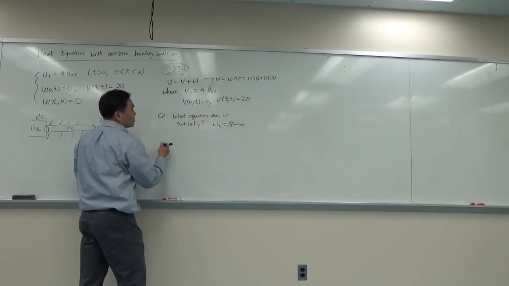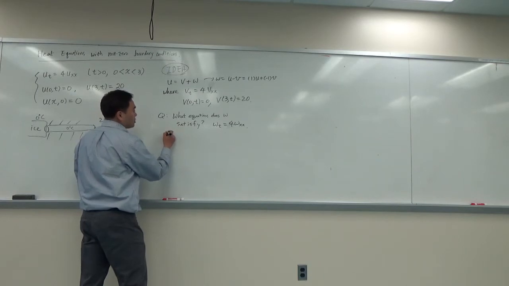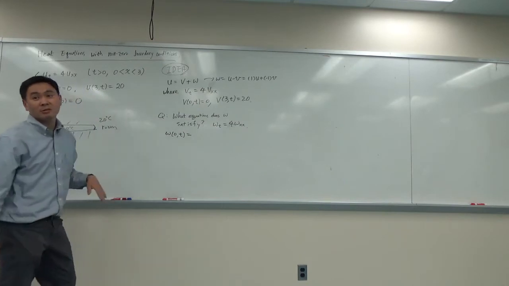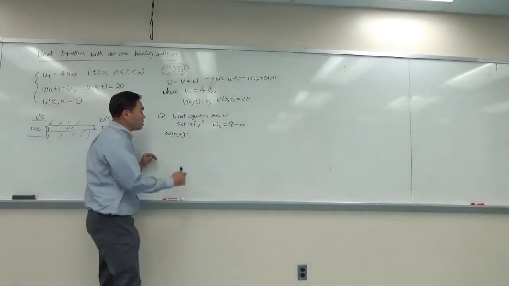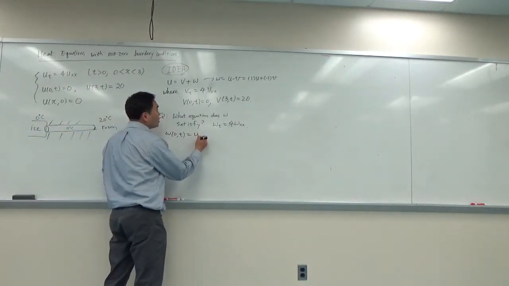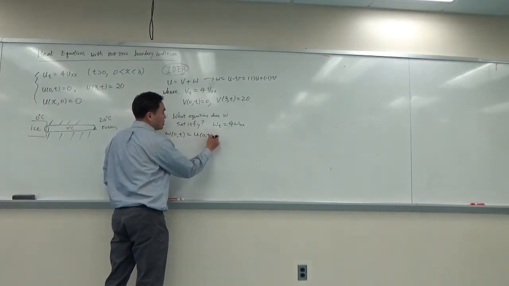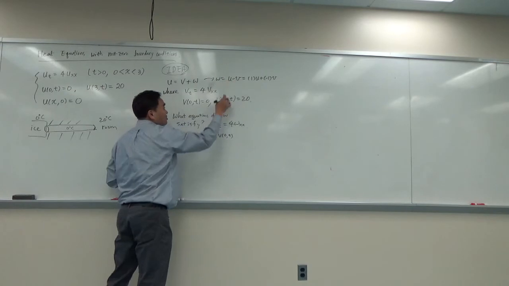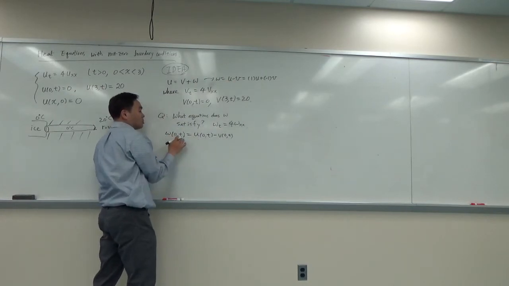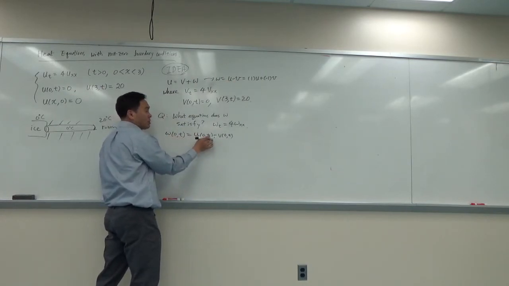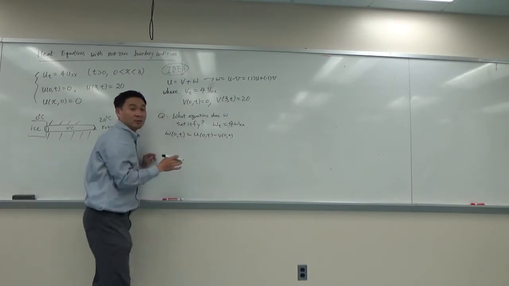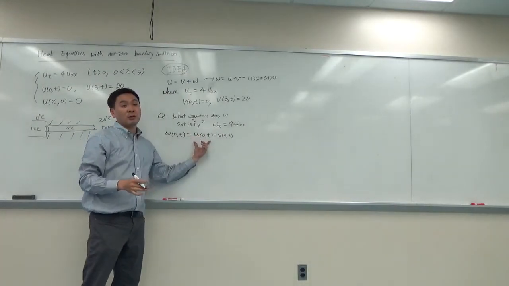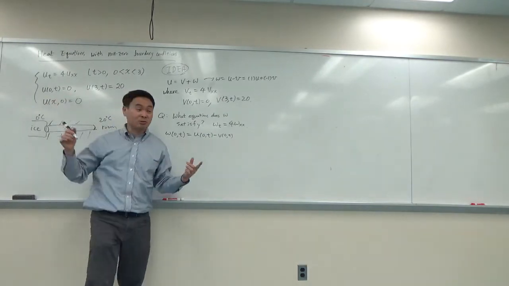Okay. Now, what about W of 0,t? Again, W of 0,t would be U of 0,t minus V of 0,t, right? It's simply that W is U minus V, so if you evaluate W at 0,t, you also have to evaluate U and V at 0,t. What is U of 0,t? 0, it's given here. U of 0,t is 0, right?